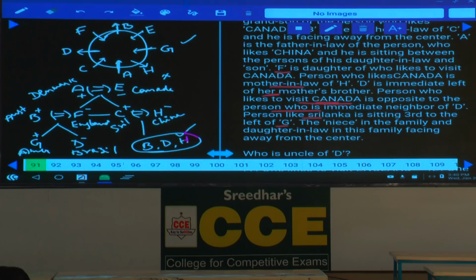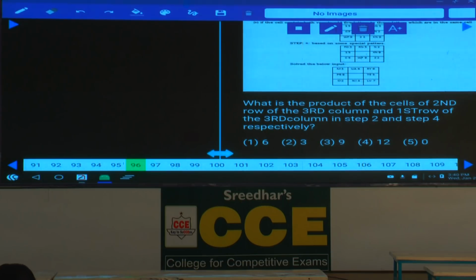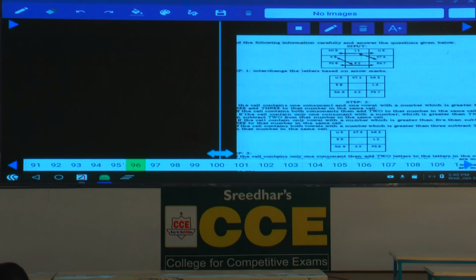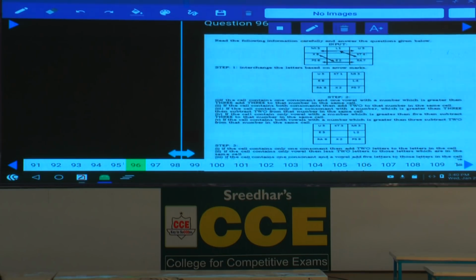Done? Has everyone completed writing 91 to 95? Then question numbers 96 onwards. Now question numbers 96 to 100. What is the information here? Now in the classroom we have discussed this, and at that time we discussed that point.